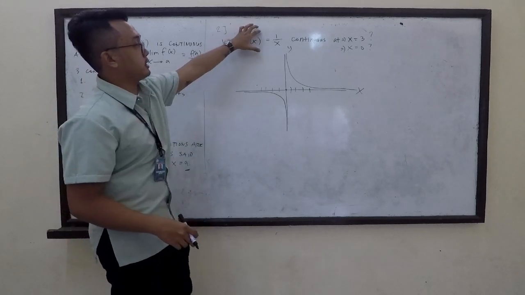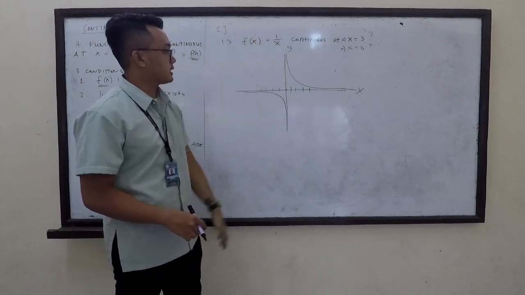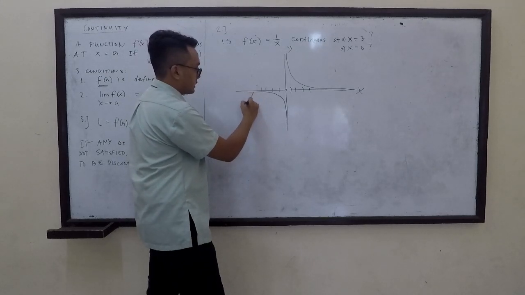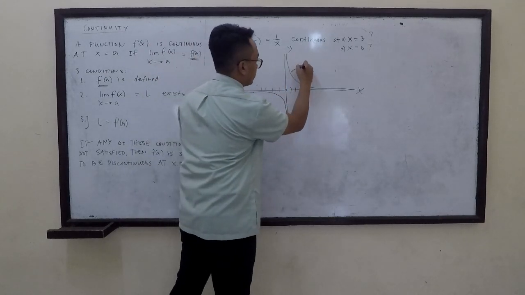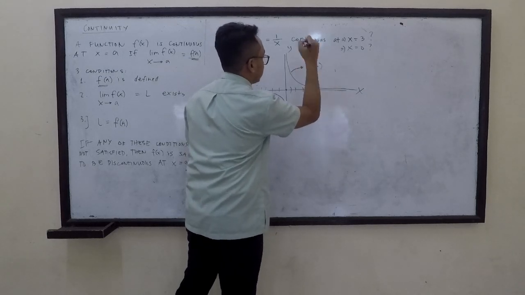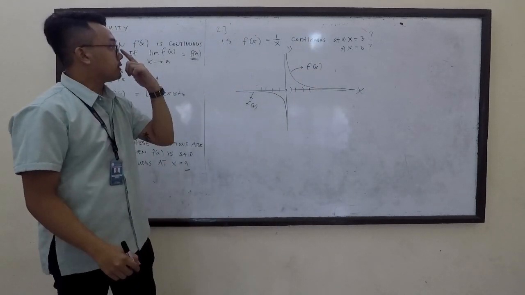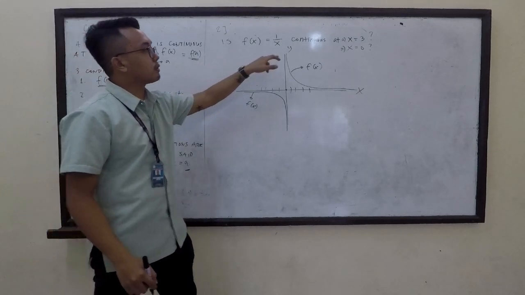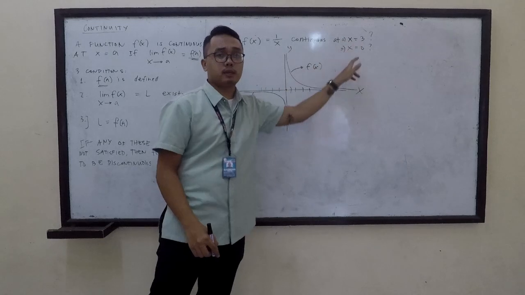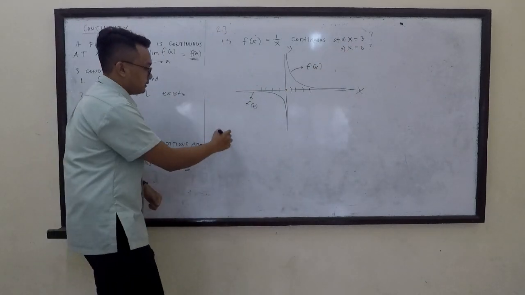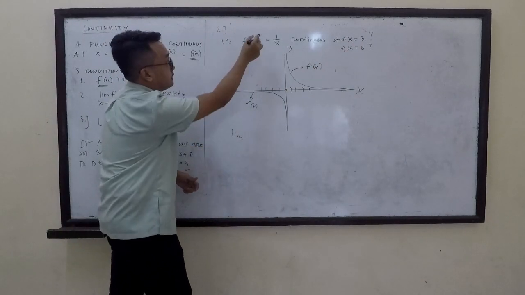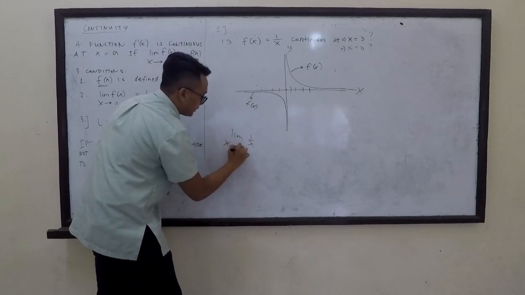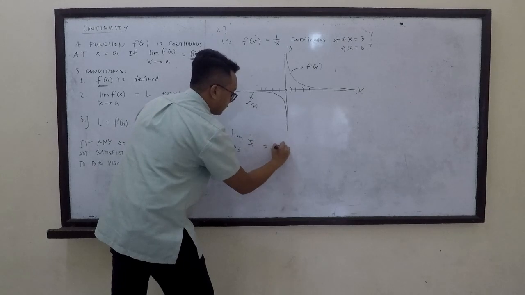The graphical representation of 1 over x is just this, two separate curves. To determine if it is continuous at x equals 3, we use limits. The limit of the function 1 over x as x approaches 3 is equal to 1 over 3.